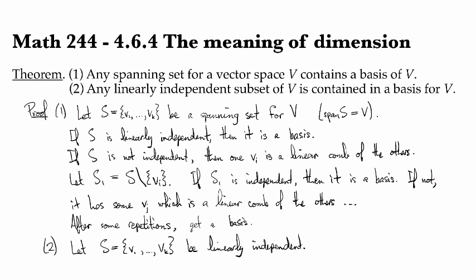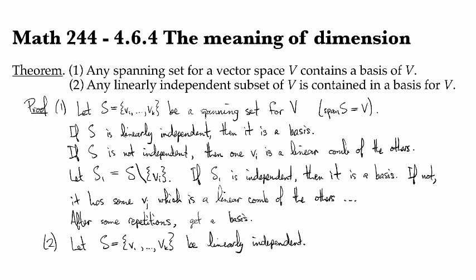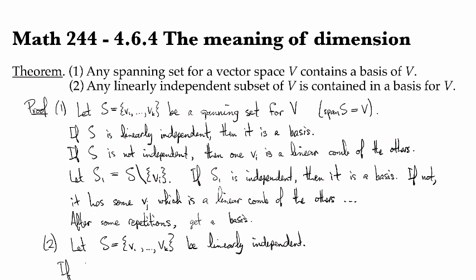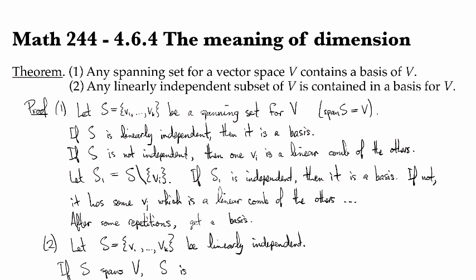So, suppose we've got a linearly independent set S. If S spans V, then S is a basis.